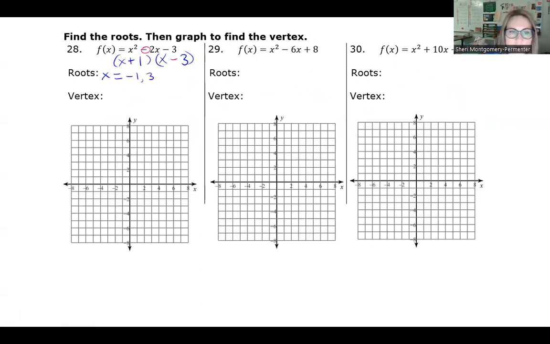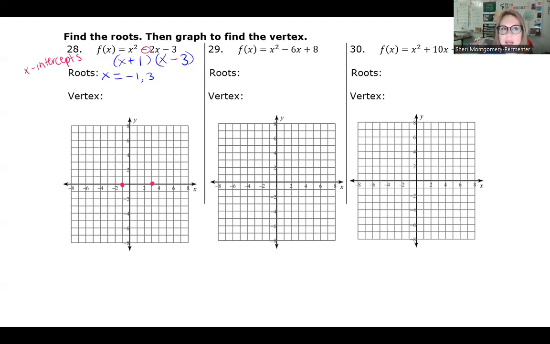-1 and +3. So we're going to take those because they're also x-intercepts. I'm going to go plot them. So I'm going to put a point at -1 and a point at 3. To figure out your vertex, you have to find halfway between them.